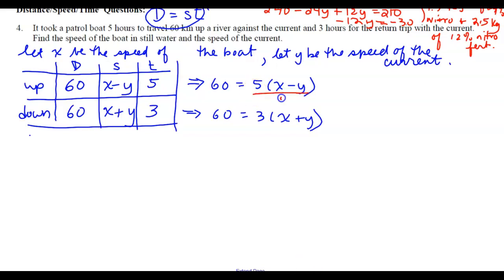So I'm going to divide both sides by 5, and I know 3 goes into both sides there. So now my equations, 60 divided by 5 is 12. 60 divided by 3 is 20.